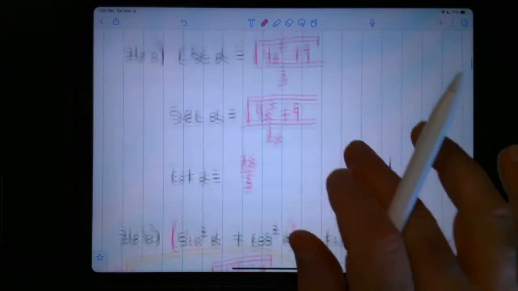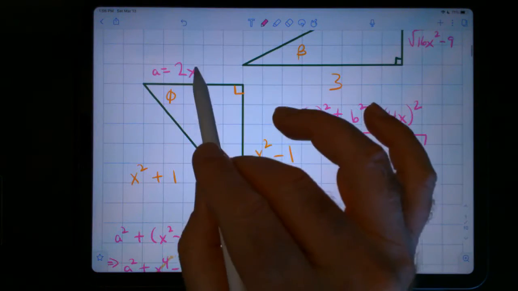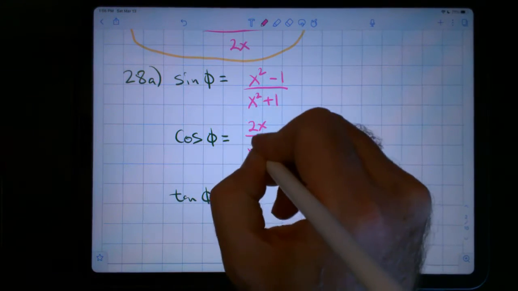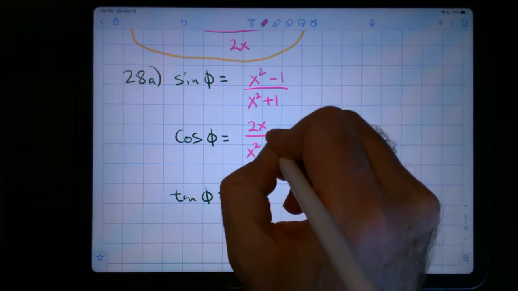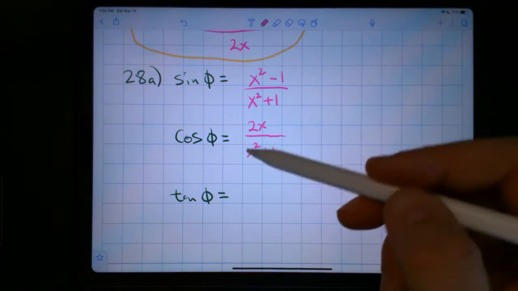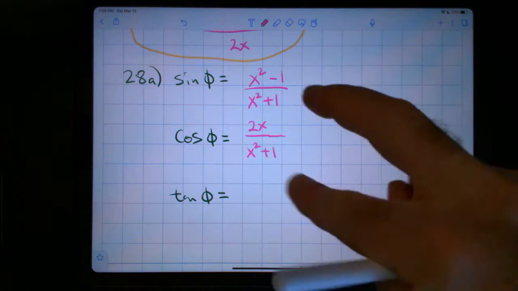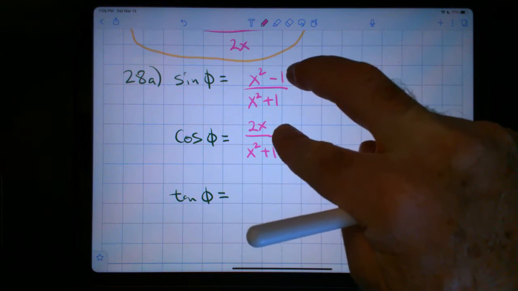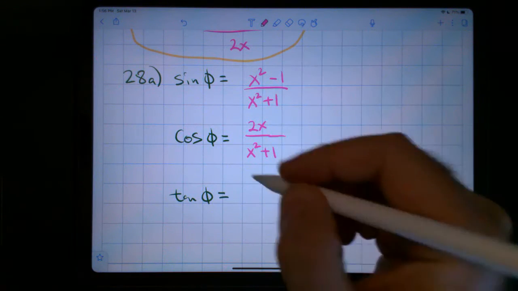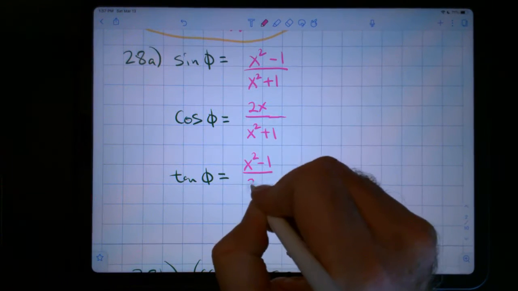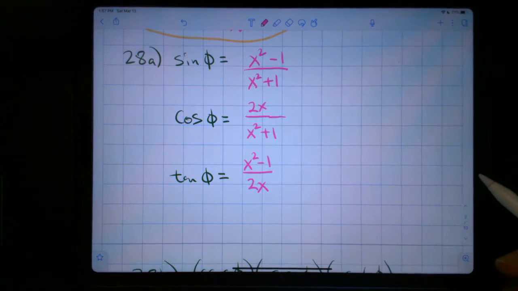Cosine of phi. Cosine is adjacent over hypotenuse. Tangent is sine over cosine. Since they have the same hypotenuse, it's just going to be the y component over the x component. And again, that cannot be simplified.